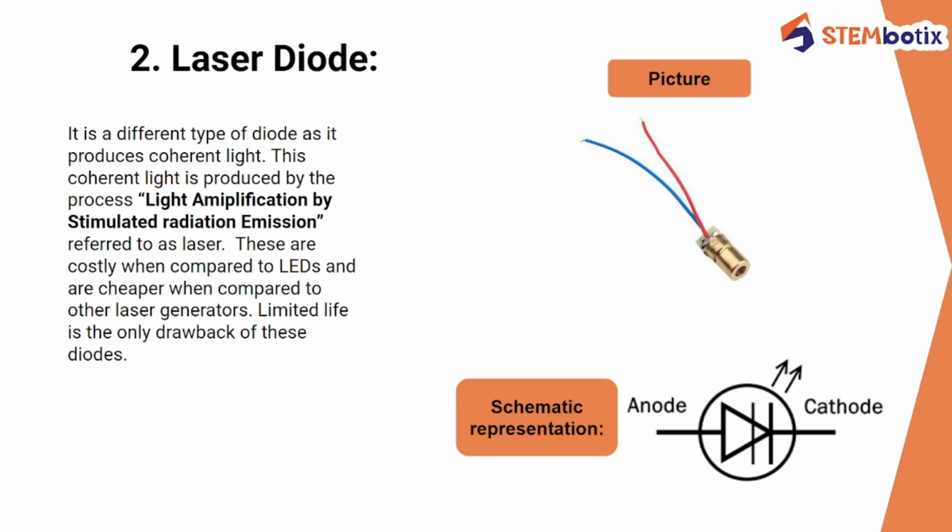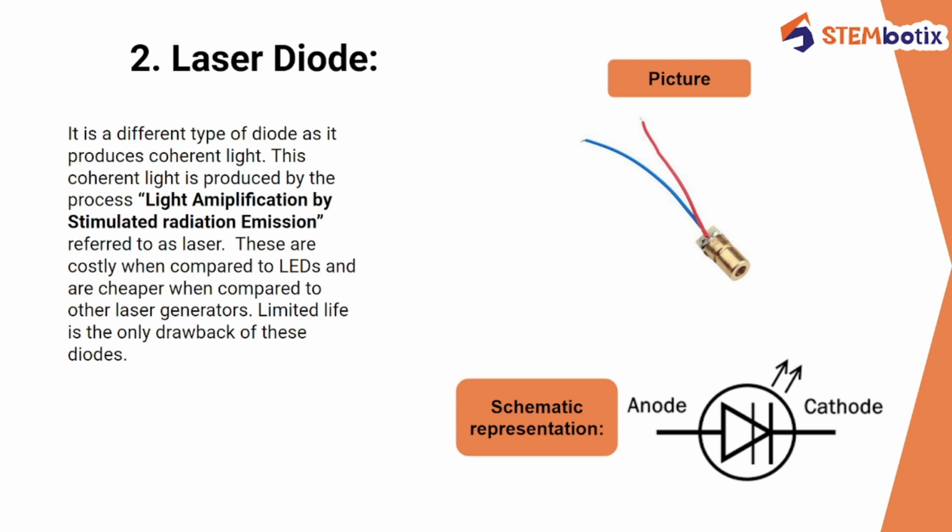Laser diodes are the diodes which are specifically used for projection of light in the form of a beam. It is a different type of diode as it produces coherent light.